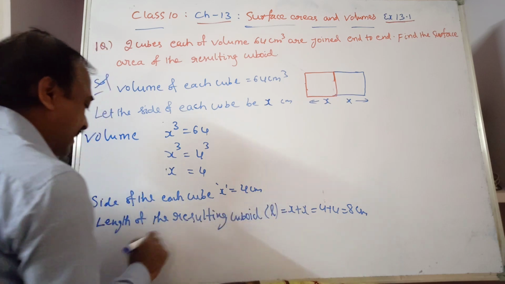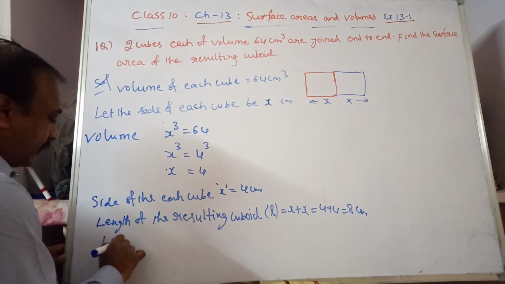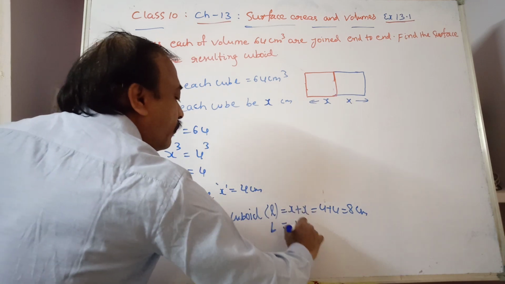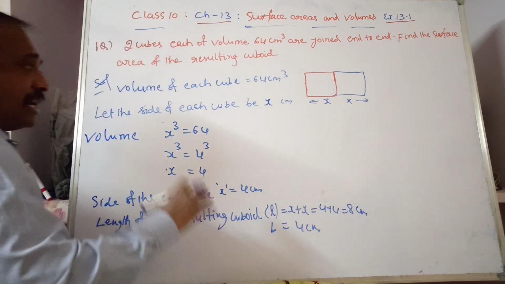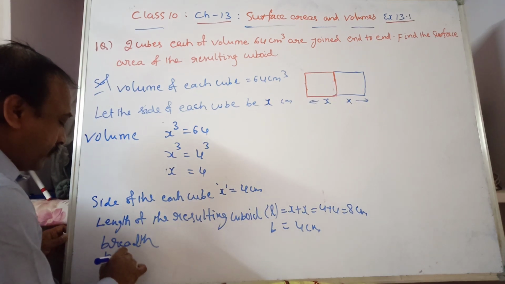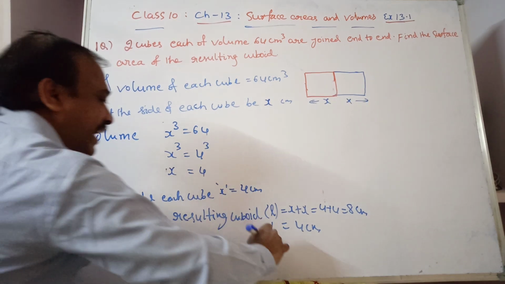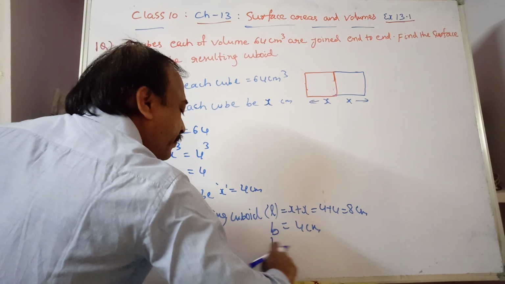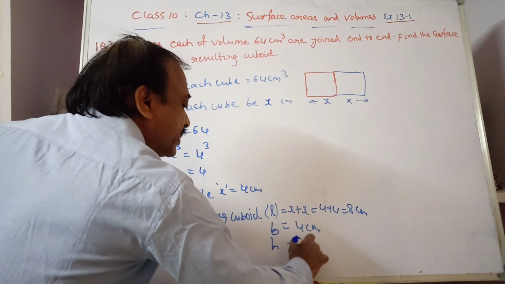Similarly, the breadth B of the resulting cuboid is 4 centimeters, the same, because height and breadth are not changing. The height h is equal to 4 centimeters.